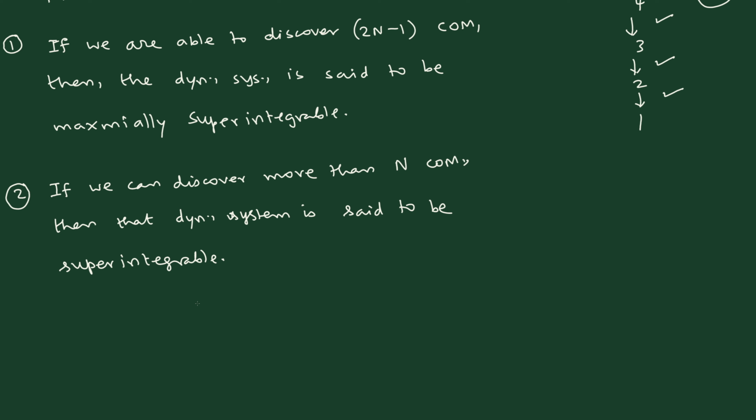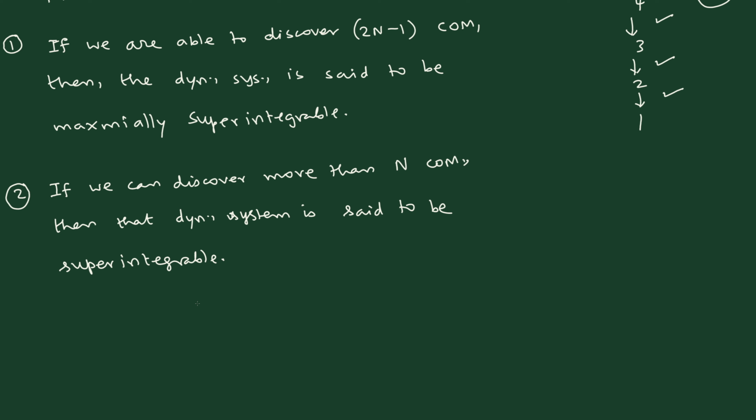So the difference between the previous statement and this statement is that the previous one talks about the maximal condition, or maximally superintegrable. Now we are going to say it is just superintegrable. So just superintegrable means you are able to discover totally n number of constants of the motion. So these are the important terminology that is required in order to distinguish the normal dynamical system, which is just integrable. Then certain systems will be just superintegrable, and there are only some special cases which are maximally superintegrable.